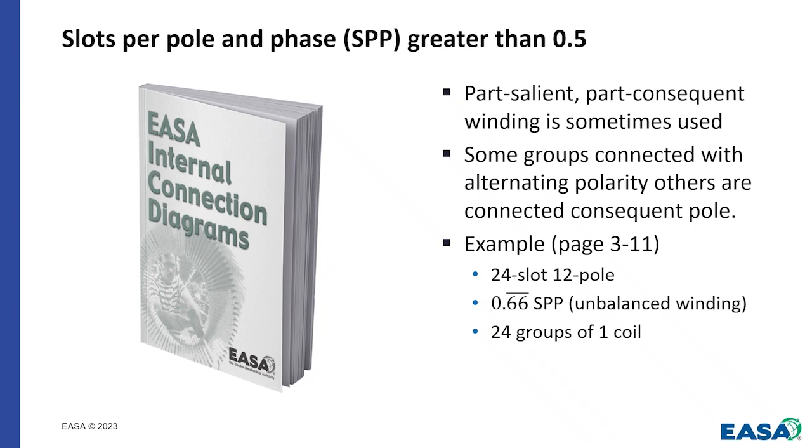So the example we'll go through here is a 24-slot, 12-pole machine. Anytime your slots per pole per phase is a fraction that's divisible by the number of phases, so if you have a 1/3 or 2/3 or something like that fraction, that's an unbalanced winding.